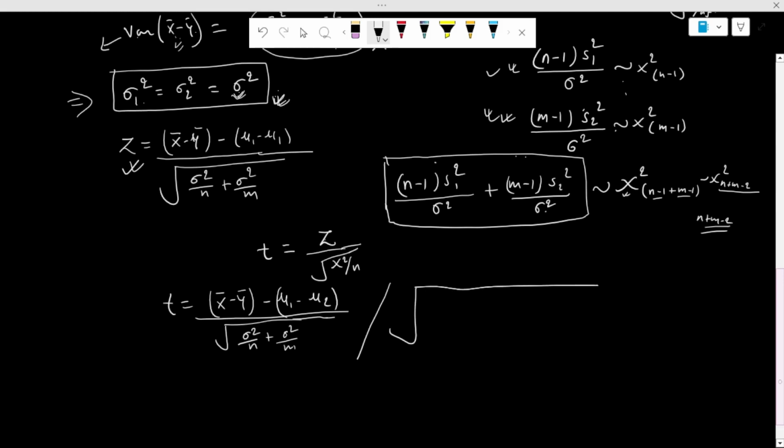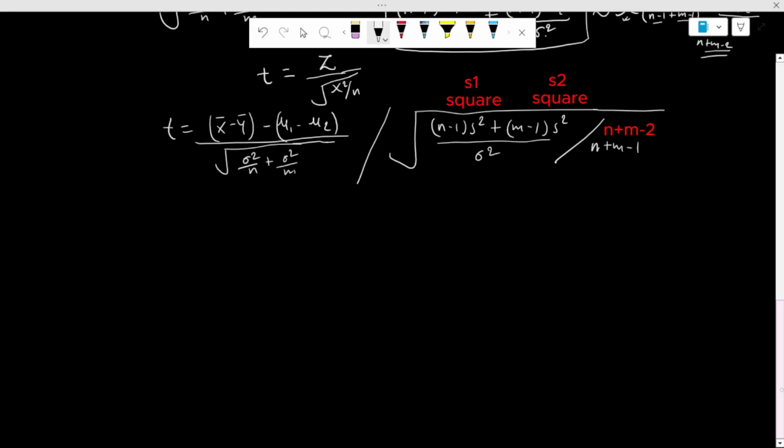So what is our chi-square? It is (n-1)S1 square plus (m-1)S2 square divided by sigma square. This is our chi-square, and we need to divide it by its degrees of freedom, n plus m-2. And this t-score has n plus m-2 degrees of freedom.